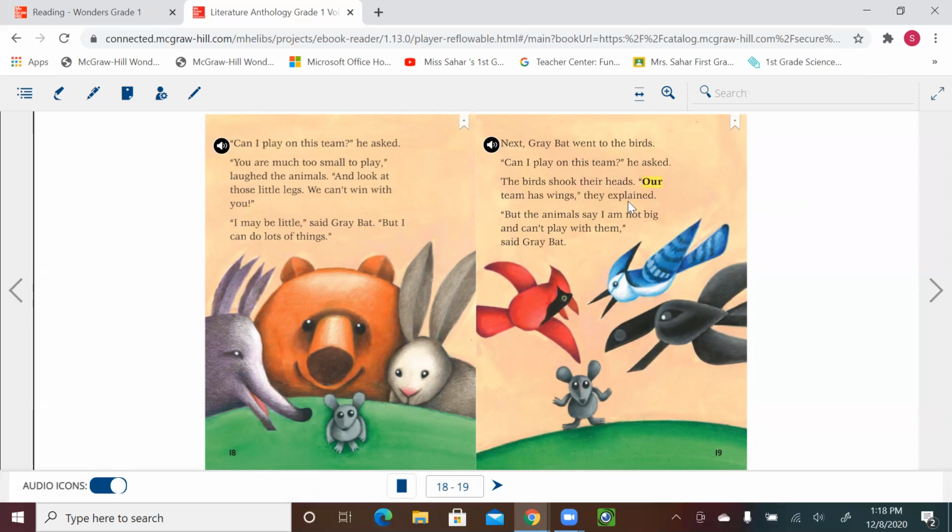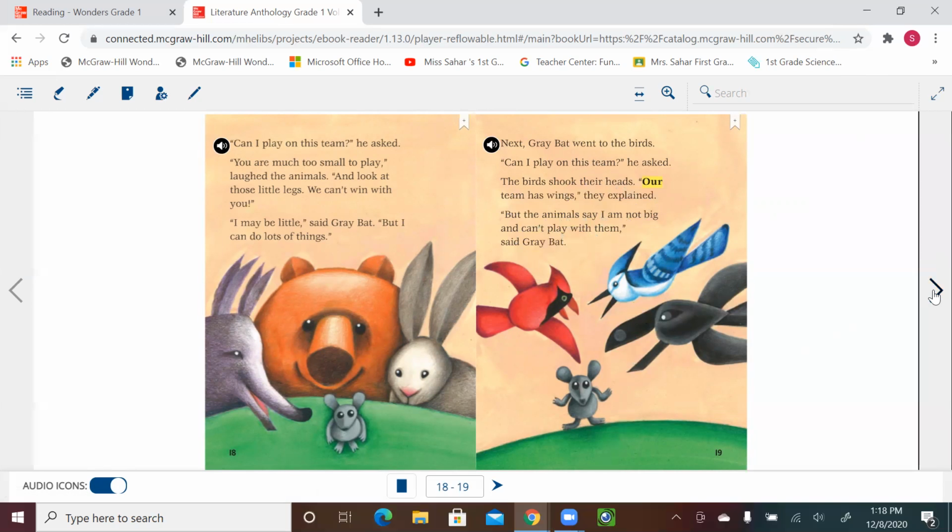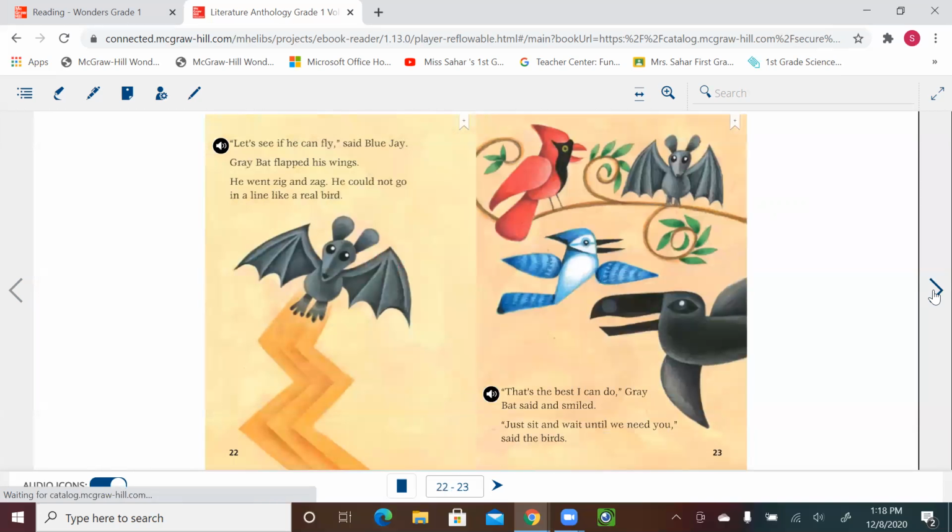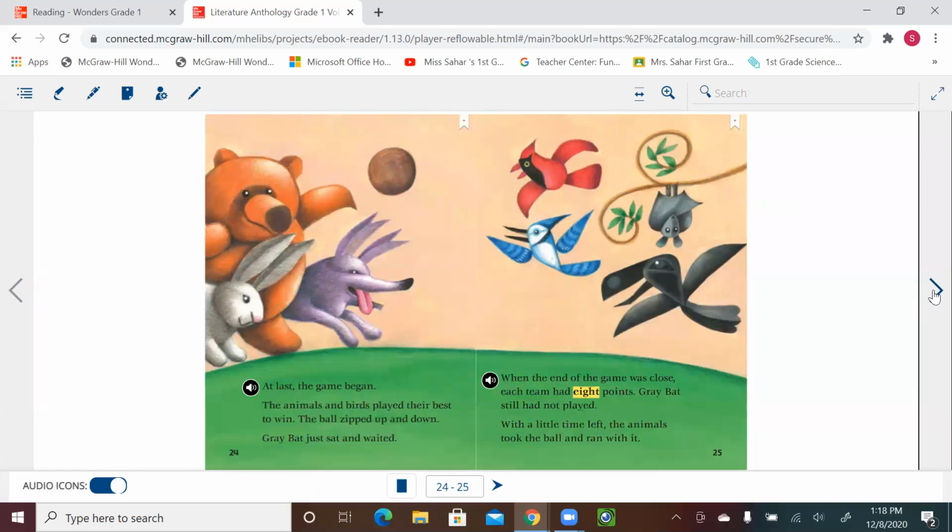"Our team has wings," they explained. "But the animals say I'm not big and can't play with them," said Gray Bat. So they were telling him, "You don't have wings. This is the team with the wings. You can't be with us. Go with the animals." But he told them that he first went to the animals, and the animals told him that you can't be with us because you're not strong, you're not big.